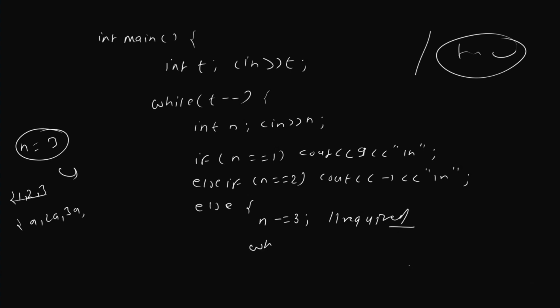And then while n minus minus, and also we'll start from a value 6a. So here we can also cout what you can take a value of a anything.